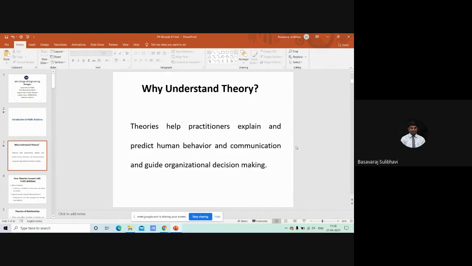Ultimately these theories guide the entire decision making in the organization. So we use these theories to explain and predict human behavior, to observe what changes happen in the public, and also the type of communication we have to develop.